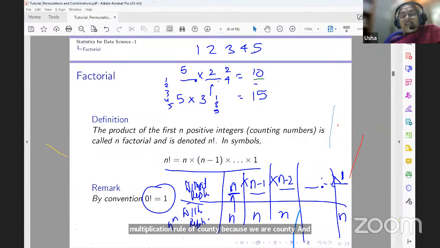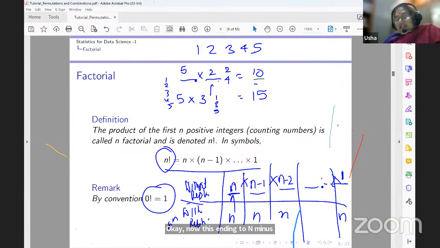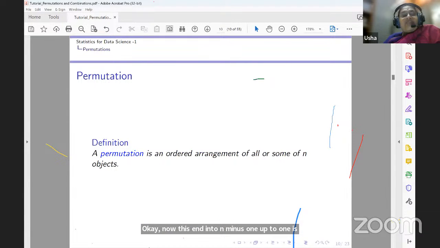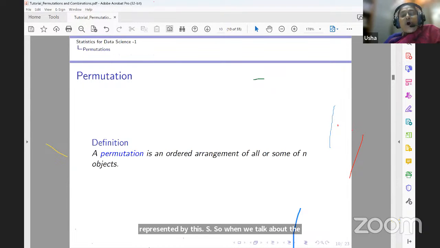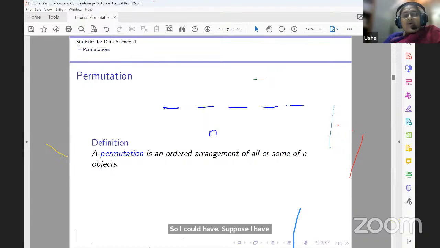Now this n into n minus 1 up to 1 is represented by a symbol, which is called n factorial. A permutation is an ordered arrangement. Suppose I have n objects, and I take r objects from here.